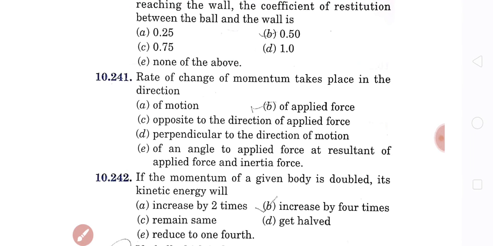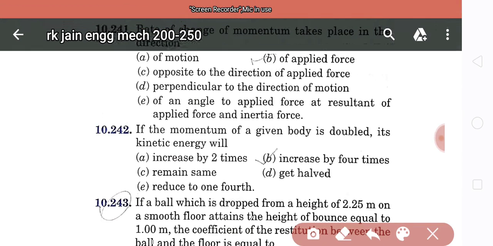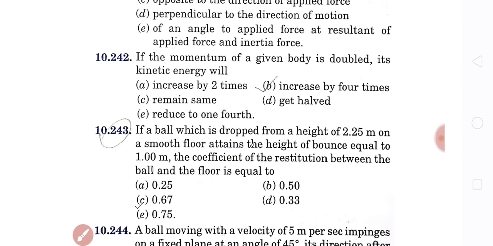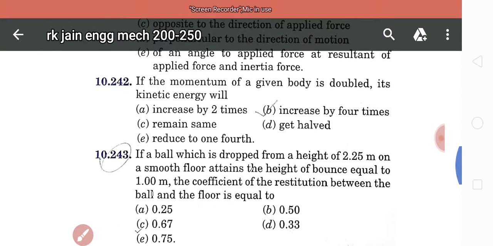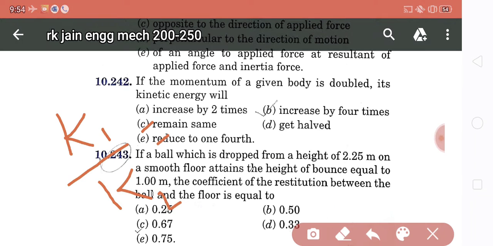241. The rate of change of momentum takes place in the direction of applied force according to Newton's second law of motion. If the momentum of a given body is doubled, its kinetic energy will be: we know that K1 by K2 is equal to the square of P1 by P2.